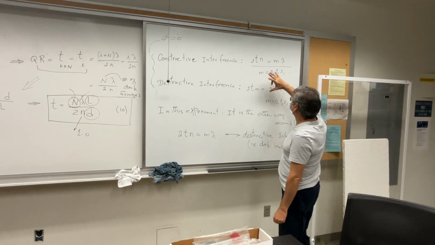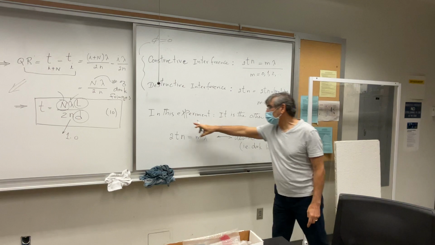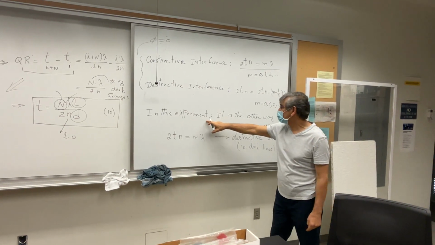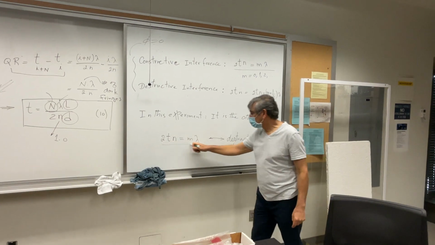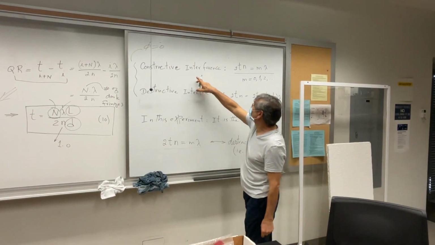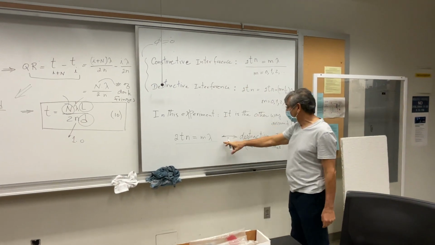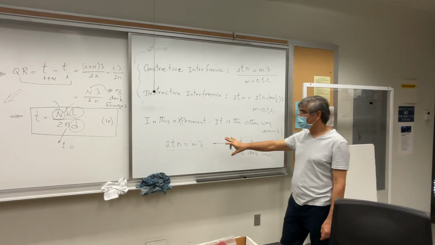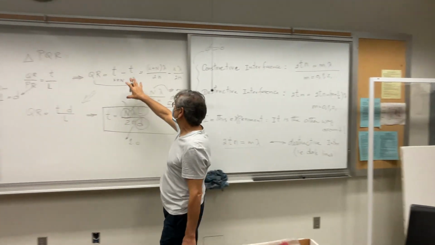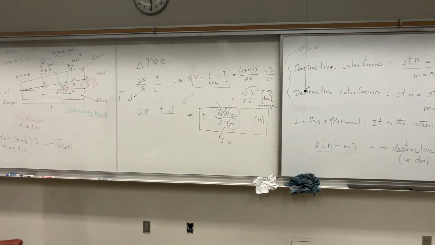And therefore, the location of these two equations are going to flip. So that's what I wrote in here. In this experiment, it is the other way around. Namely, this equation that would have given you the position of constructive interference, now it's going to give you destructive interference. And that's why I have used this equation right in here when I was trying to derive for you the equation that you need.